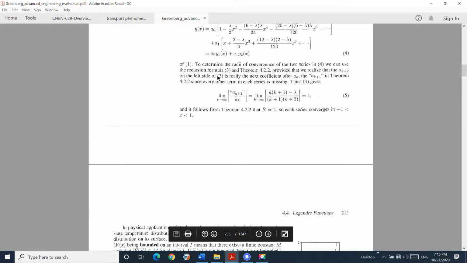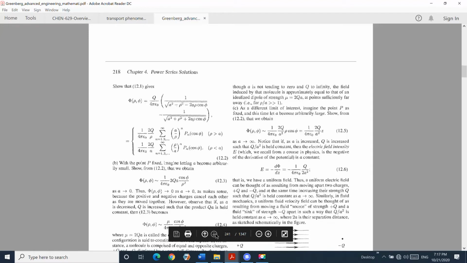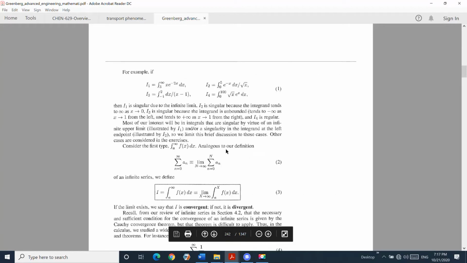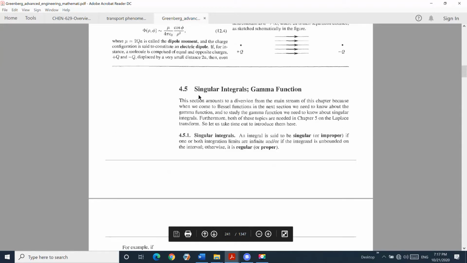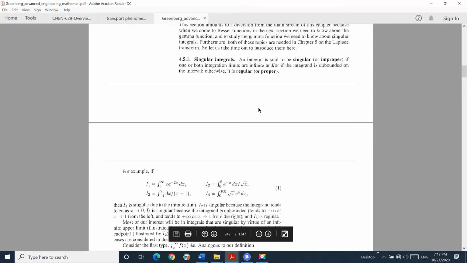Here, power series, and if we go to another section, section 4.5 is singular integrals, where we call the gamma function in the solution of differential equations.